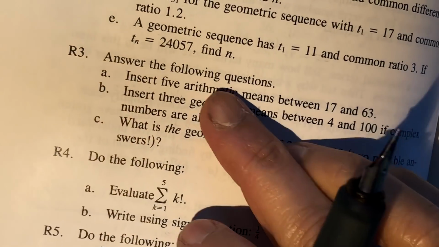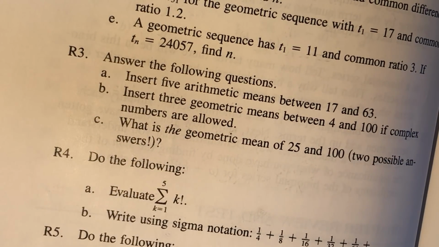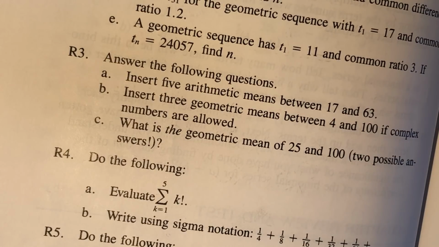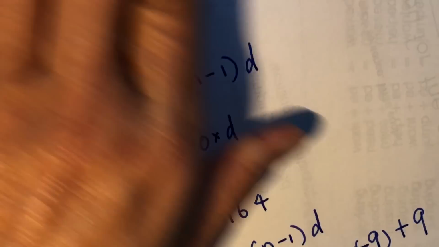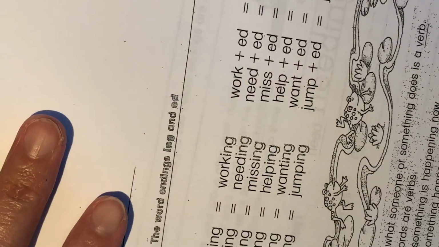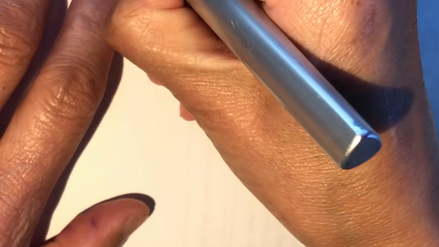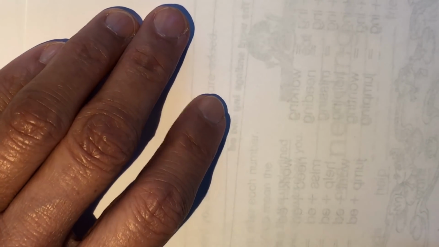Okay, now we come to question number E. A geometric sequence has T1 equal to 11 and common ratio 3. If Tn equal to 24057, find n. Okay, so let's copy the problem first. So we get to know that T1 is 11. This is given.